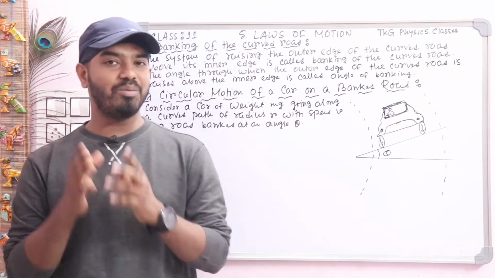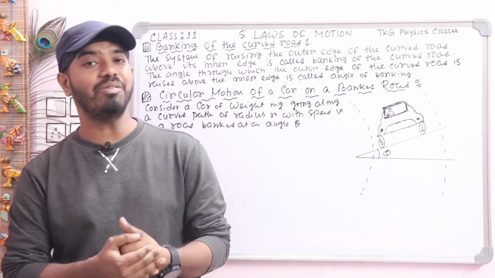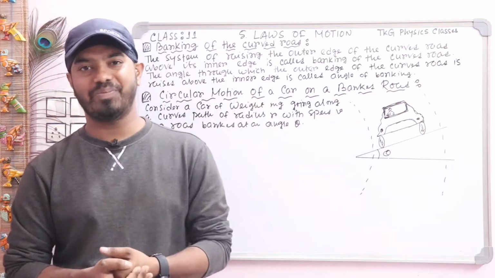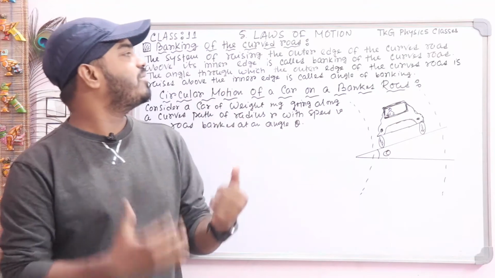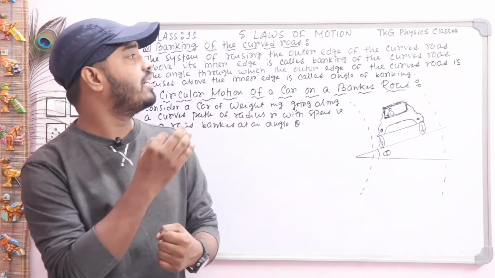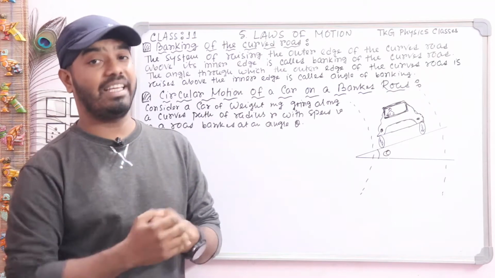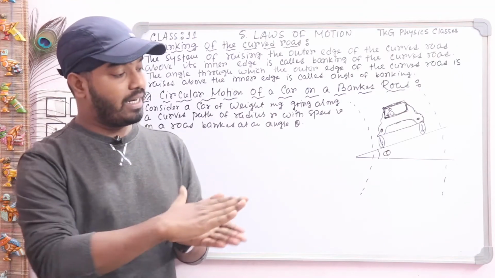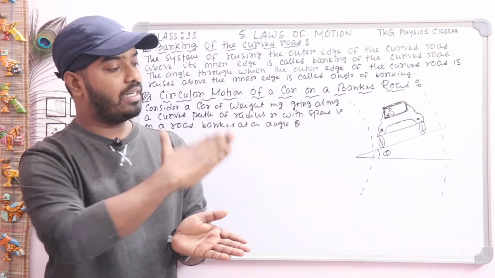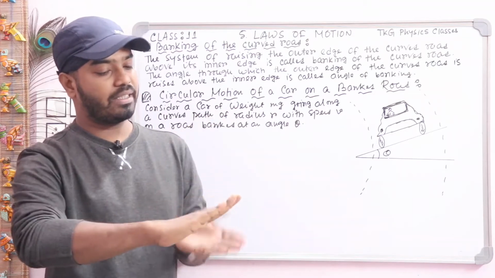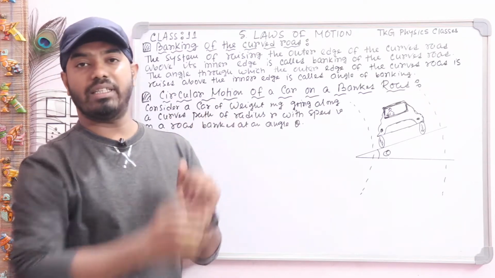First of all you have to write down the definition of banking of a curved road. The system of raising the outer edge of the curved road above the inner edge is called the banking. This is the inner edge and this is the outer edge.